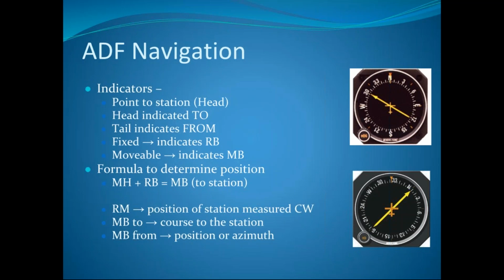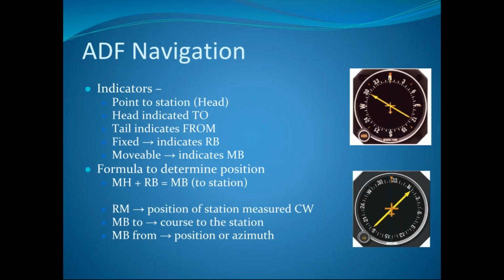And as you fly toward that, as soon as you get over the top of it, you see the to indicator flip over, and as you pass the VOR, then the to becomes a from, and you're flying from that VOR on that radio. Just to give you a little bit more detail into what Garrett was talking about.